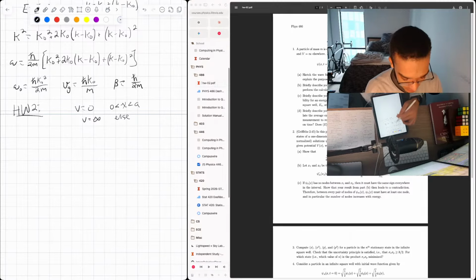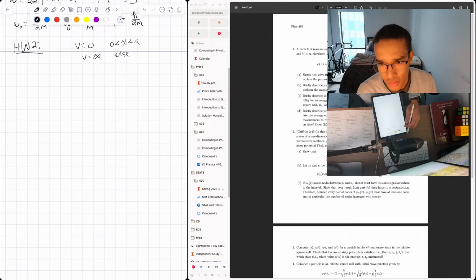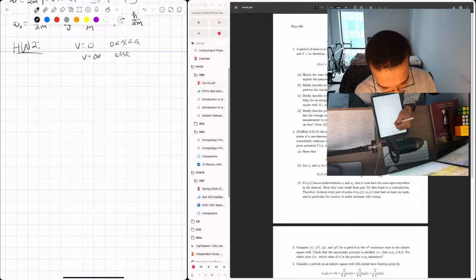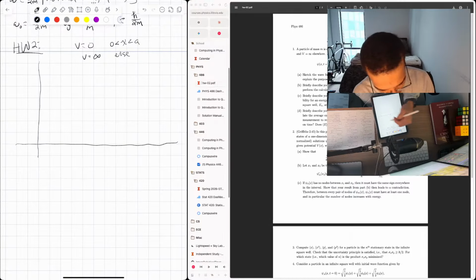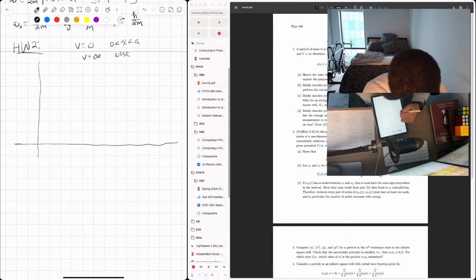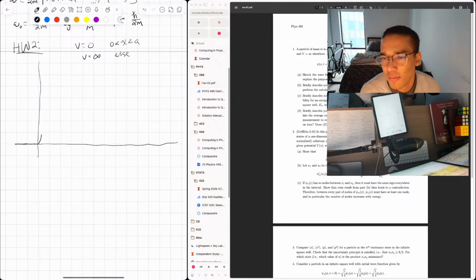Let's get to the wave function. So a wave function itself will be positive. X will actually also be positive because it's an infinite square well. So we come from 0, and then we're going to have some function after that.